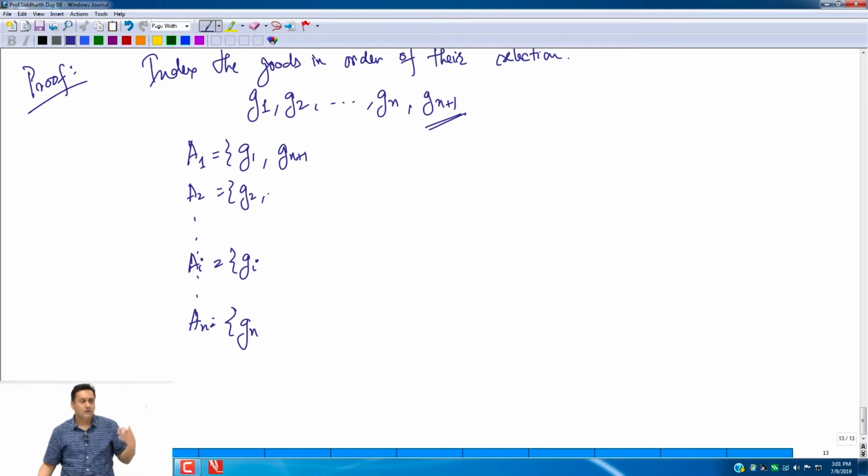Right, it's agent 1's turn again and she ends up picking this good, courtesy the indexing. This is Gn plus 2, this is G2n, right. So that's the second round of my round robin. It will proceed till some point where Gm gets assigned and then things stop.